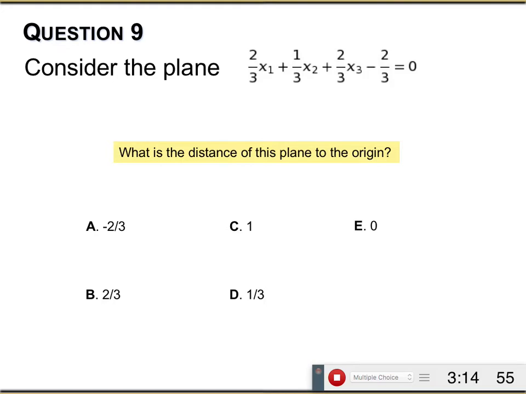Give it another 15 seconds. Again, we're computing the distance of the plane to the origin.